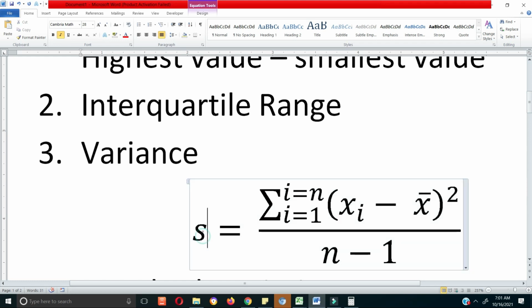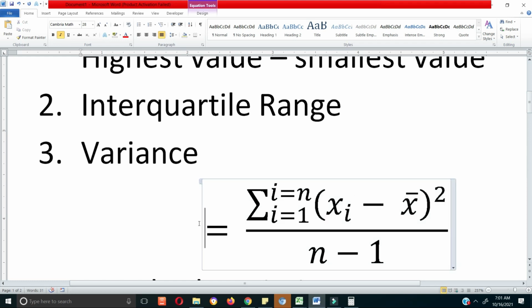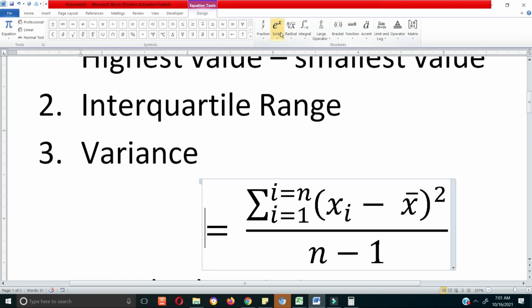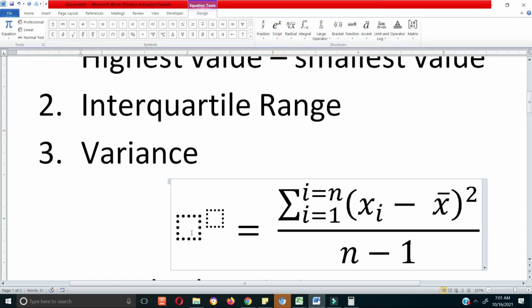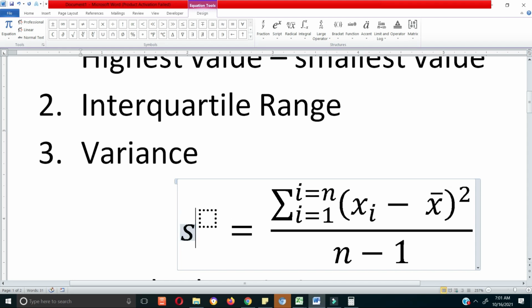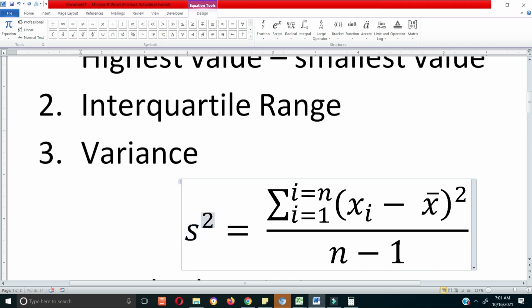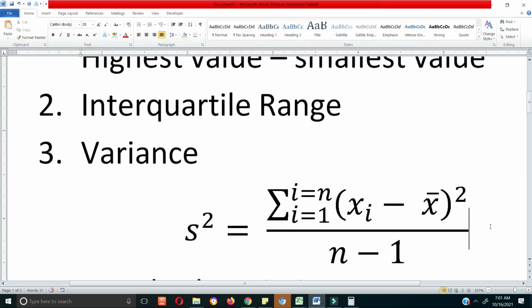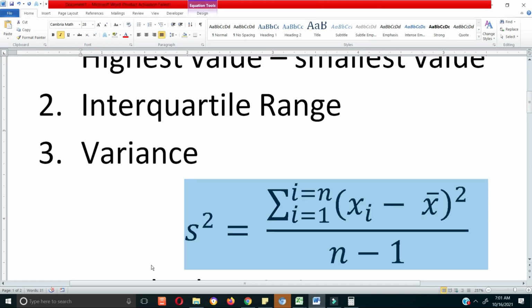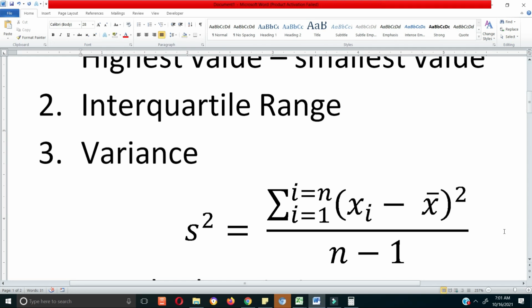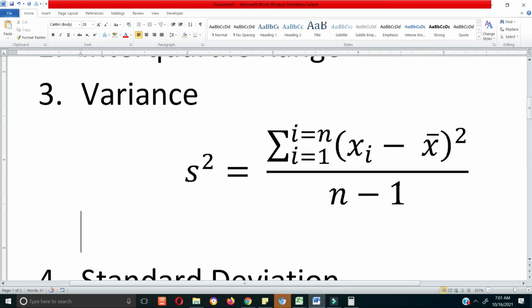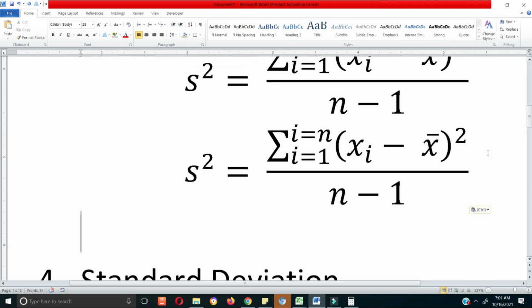I should write it properly. This is the sample variance rather, not the standard deviation. Then you could also have the population variance.